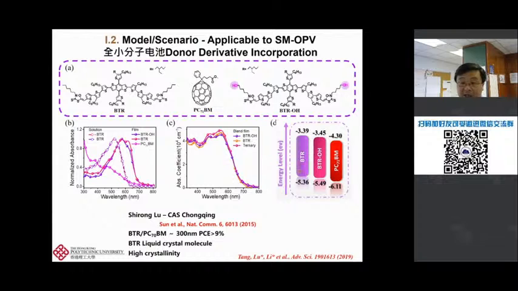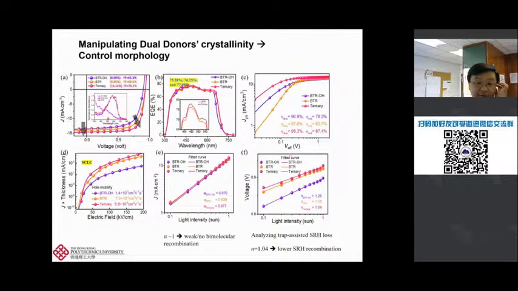Okay, and these are the energy levels here. Everything, band gap-wise, looks similar. We were able to get a higher performance here. We start with BTR as the orange one, and with the ternary we can push it to higher current and higher fill factor. The higher current can be seen from the EQE, and we do have more efficient exciton dissociation and charge collection.